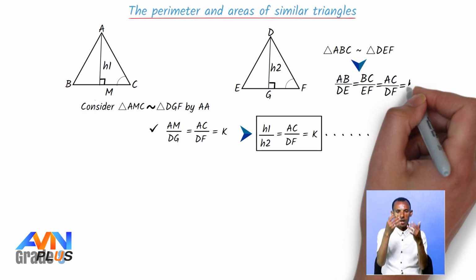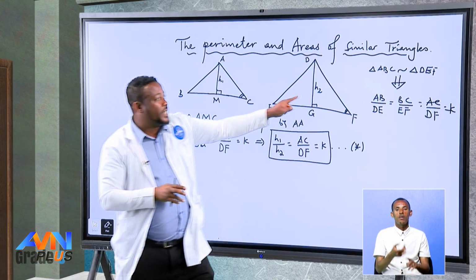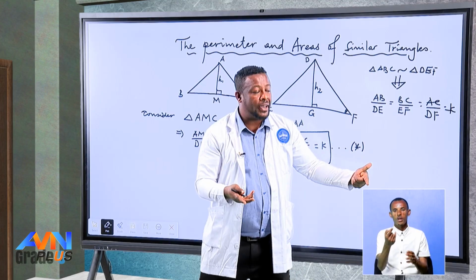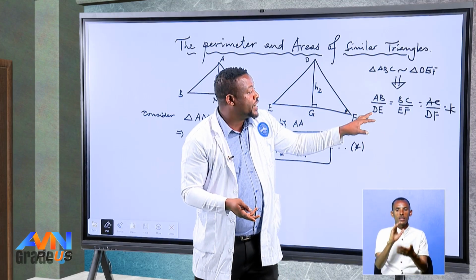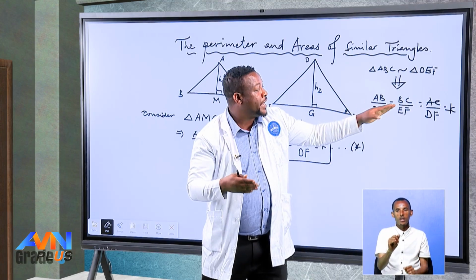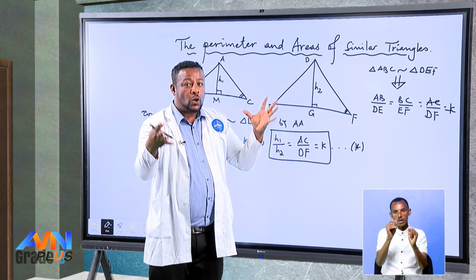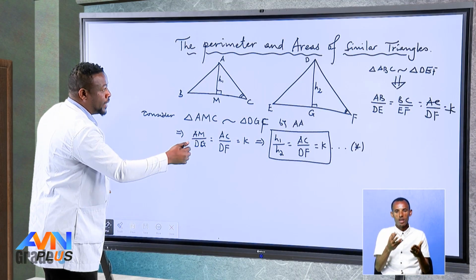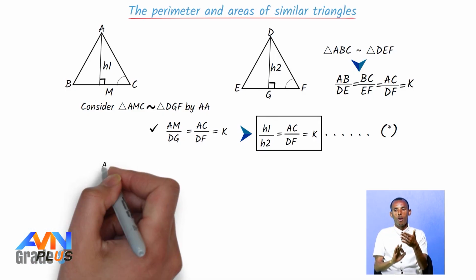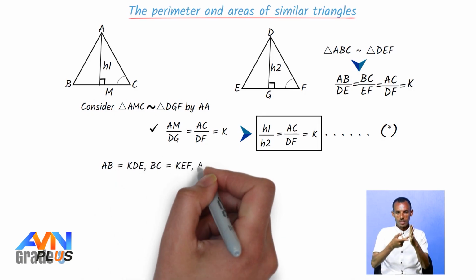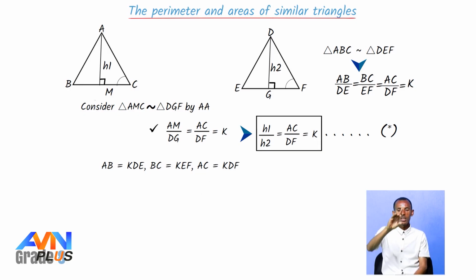So now, from this, let's take each of them and equate with K. AB over DE is equal to K, BC over EF is equal to K, AC over DF is equal to K. Whenever you take all these three things, you will derive that AB becomes K times DE.